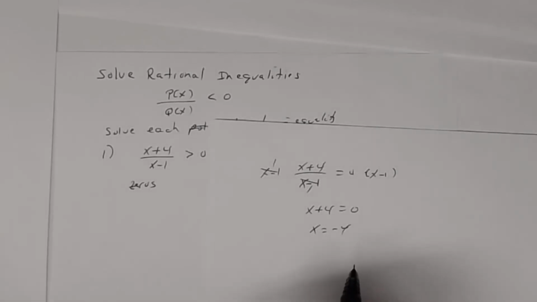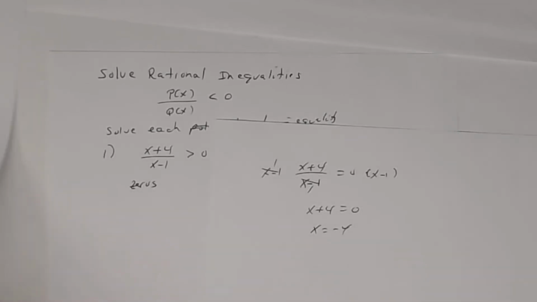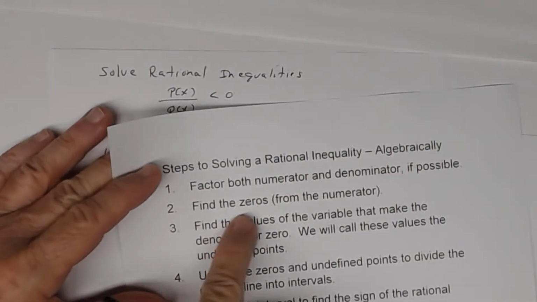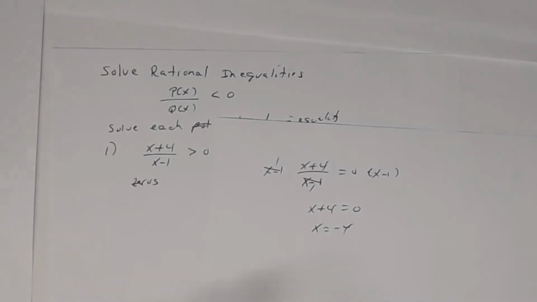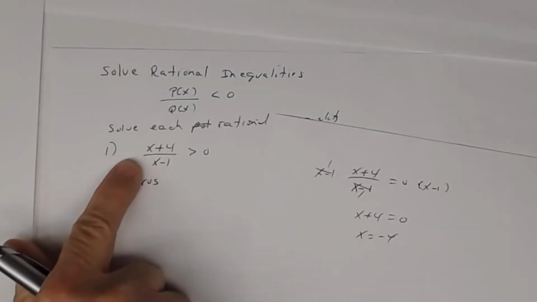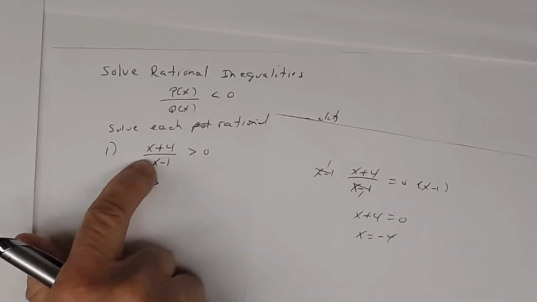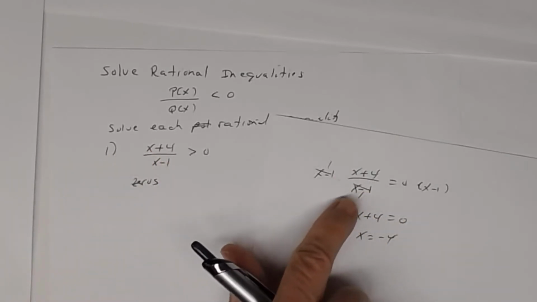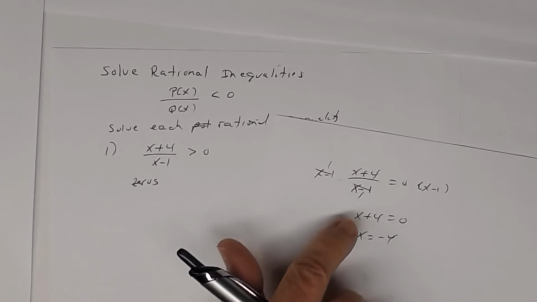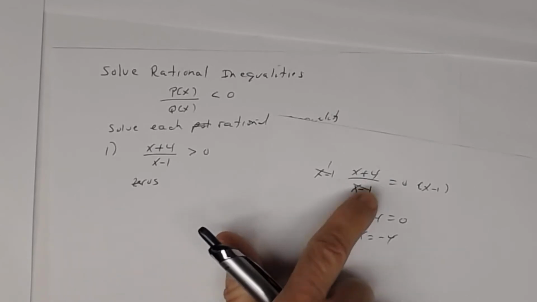So that's your 0. I want you to notice that's why it says find the zeros, and it's going to be from the numerator. Whenever you set a rational expression equal to 0, the numerator has to be 0.